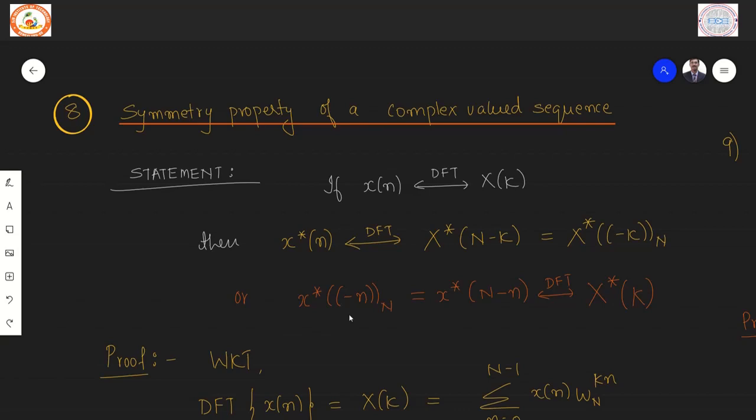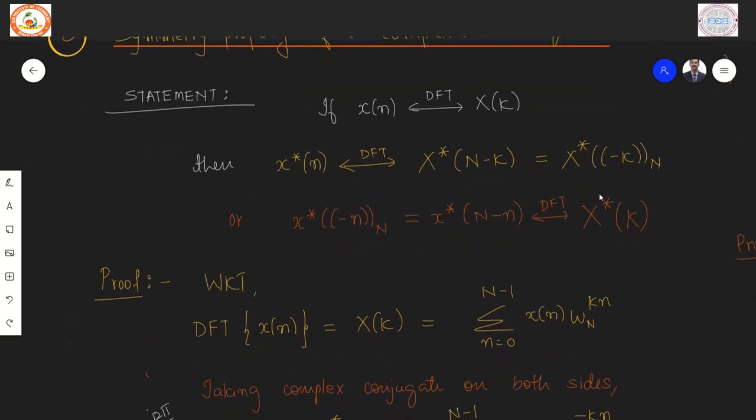Alternatively, we can write it as x conjugate of minus n mod n has a DFT x conjugate of k. So if you have an input with minus n, here we get a plus. So this is called the symmetry property of a complex valued sequence. Let us just prove this property.